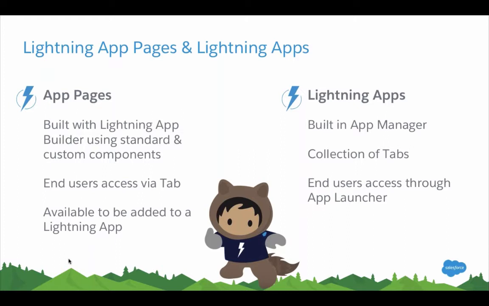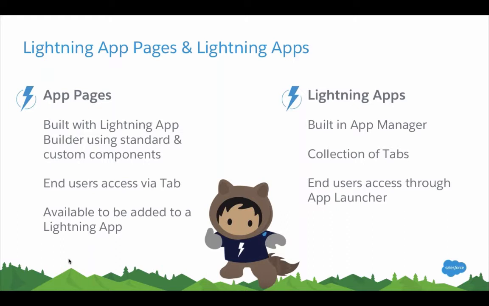It's something that you're building with the Lightning App Builder, with those templates that Mike is highlighting and is going to show you, using standard and custom components. And it's accessed via a tab. It's a tab that you may surface in your Lightning app and have added to your Lightning app, or it's a tab that maybe they access in their global navigation on Salesforce One, or their sidebar navigation on Salesforce One. But that's what a Lightning app page is.